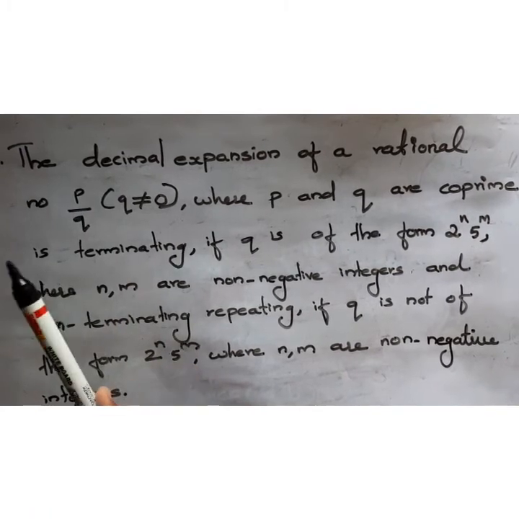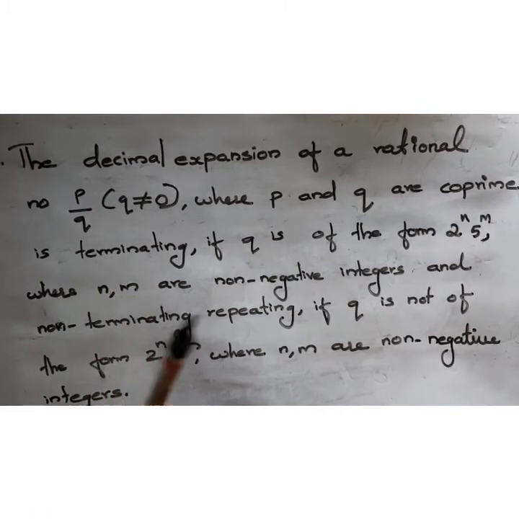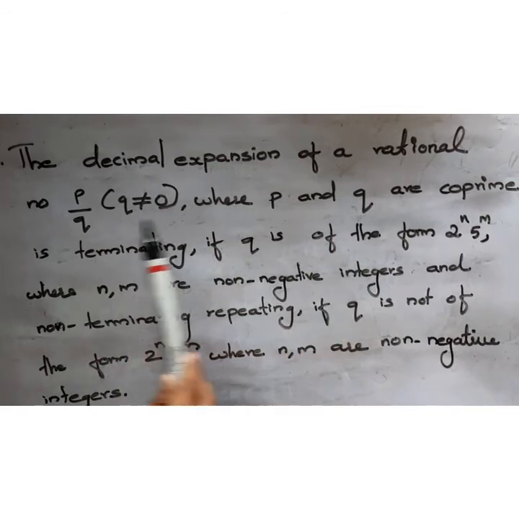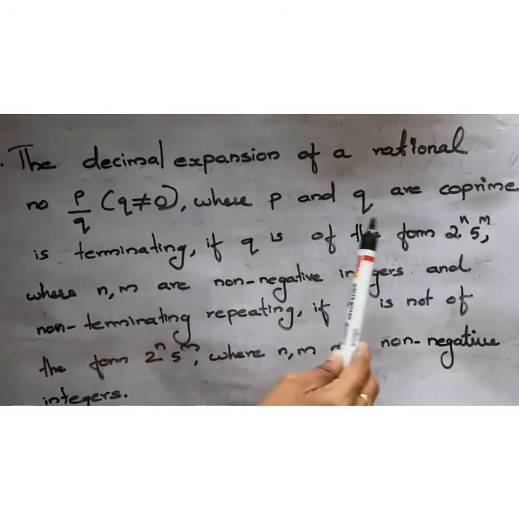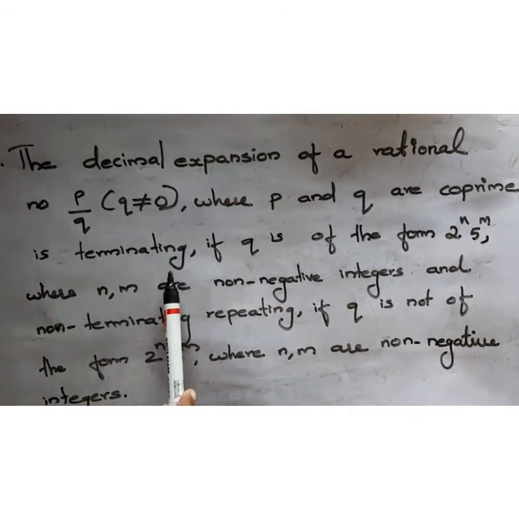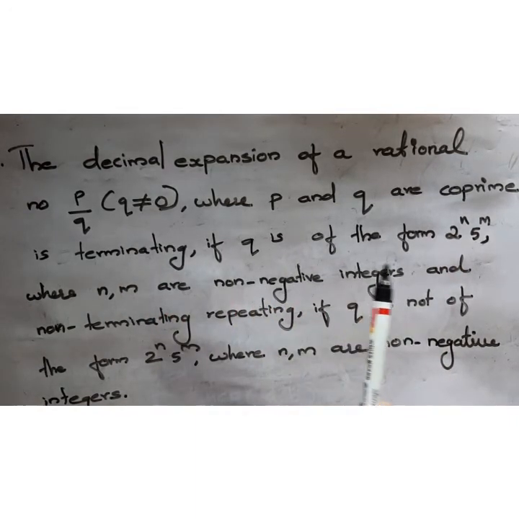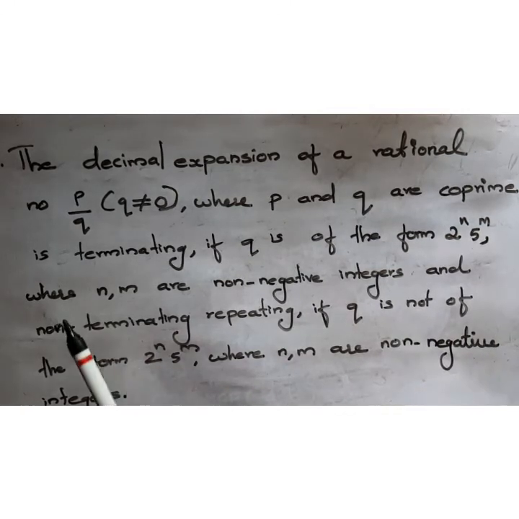Hope you all know what a rational number is. The decimal expansion of a rational number p by q, where q is not equal to 0, where p and q are coprime, is terminating if q is of the form 2 raised to n into 5 raised to m, where n, m are non-negative integers, and non-terminating repeating if q is not of the form 2 raised to n into 5 raised to m.